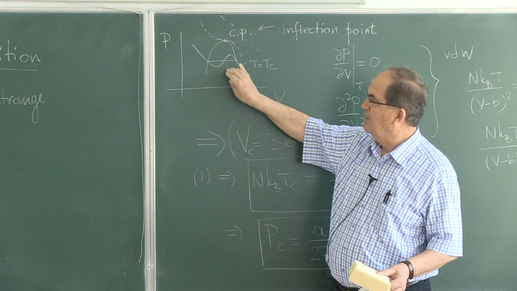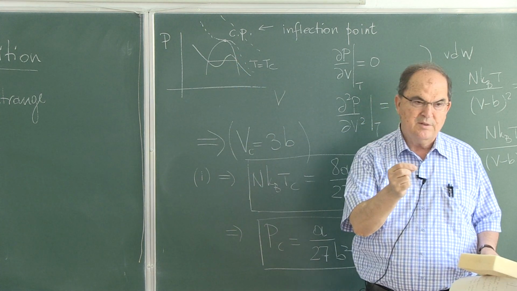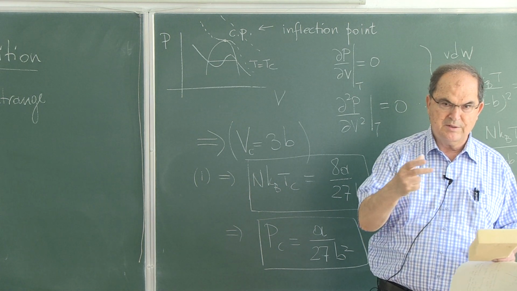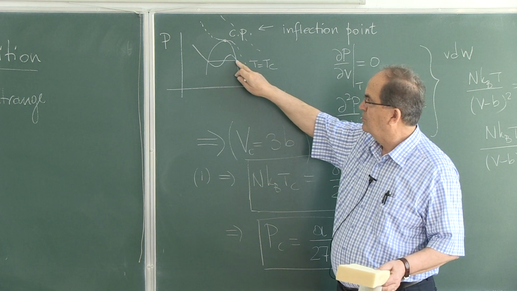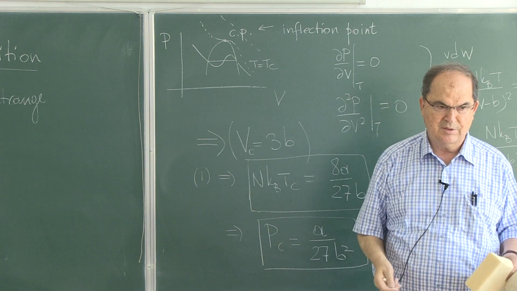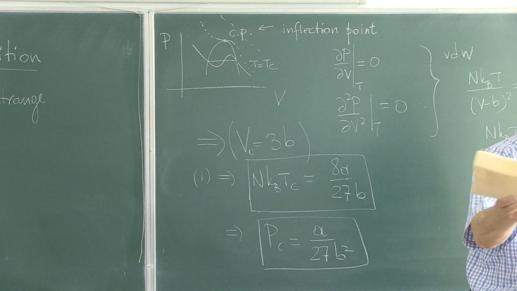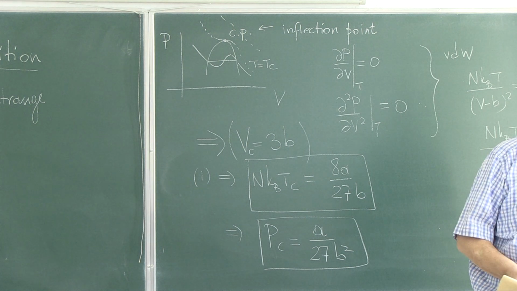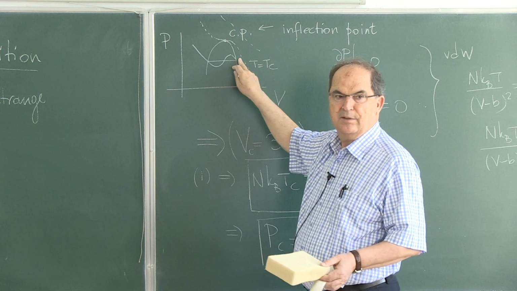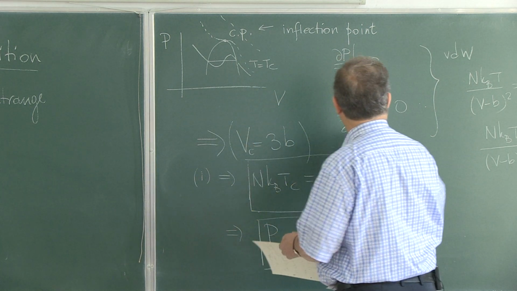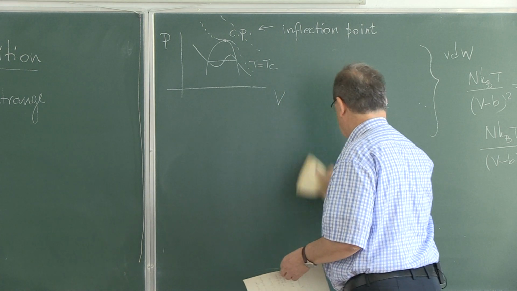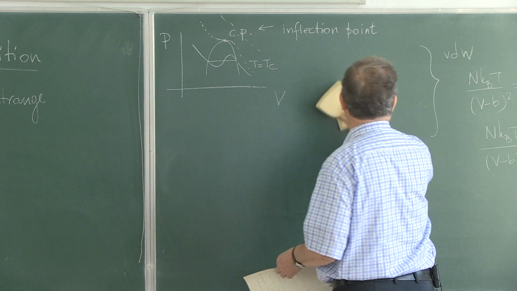Because in this region, some droplets of liquid should appear in the gas. There's some coexistence. So you should keep the thing constant, but the system keeps it constant till it goes from gas to liquid on the other side. This is the liquid side, this is the gas side, remember. Okay, let's correct that. Let's see how we are going to correct that.